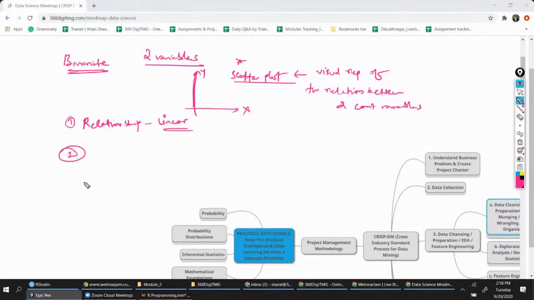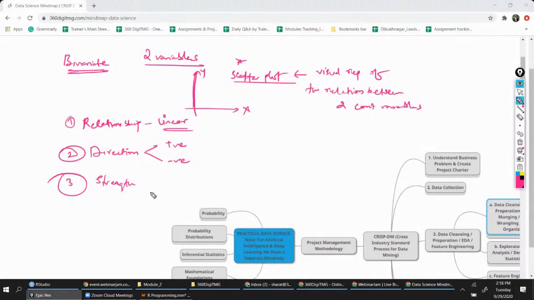Then we talk about what kind of direction or what kind of effect one variable puts on the other variable. And here we are talking about two things. Direction could be positive or negative. Then we have the third thing, which is how strong is this effect of one variable on the other.